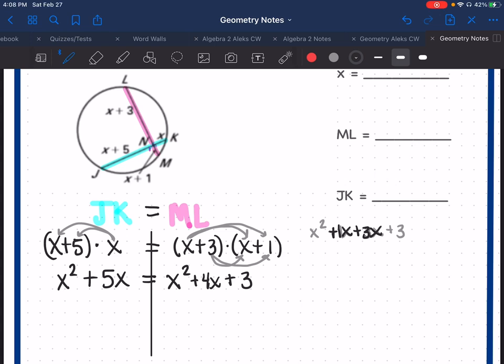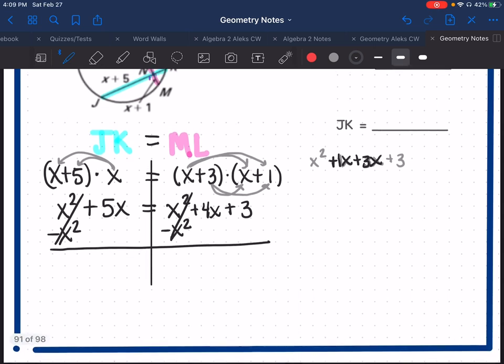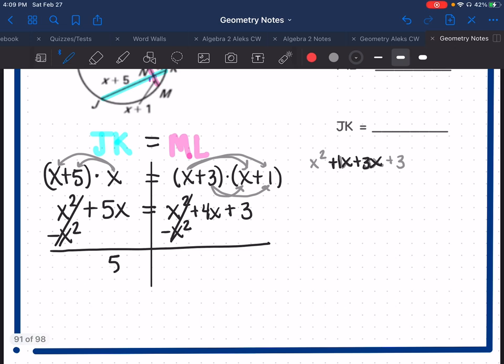The first thing I want to do is get everything together. I'm going to start by subtracting this x squared and bringing it over to the left-hand side. But I notice it cancels on both sides. That actually makes it easier to solve, because it leaves us with this equation.